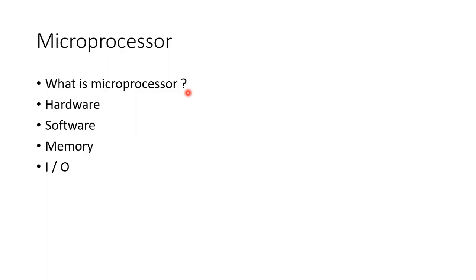Then it accepts binary data as input and processes the data according to those instructions, which are written by the programmer, and provides the result as output. So this is the definition of a microprocessor.